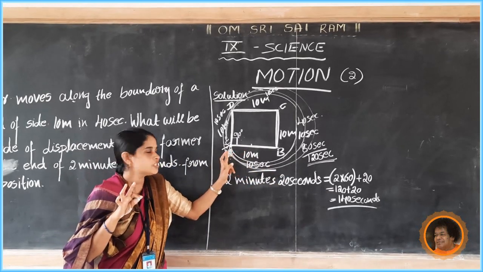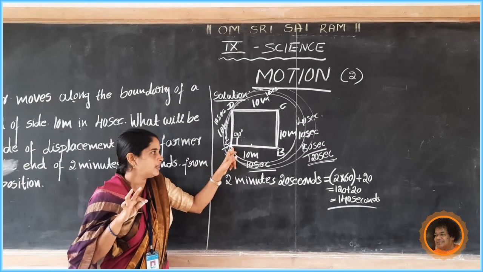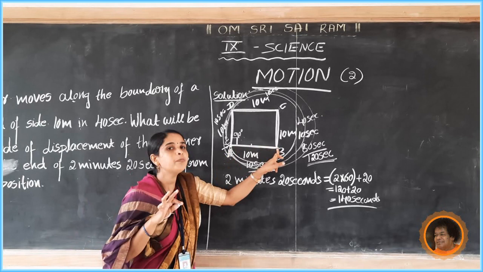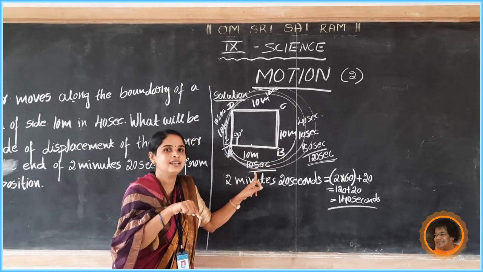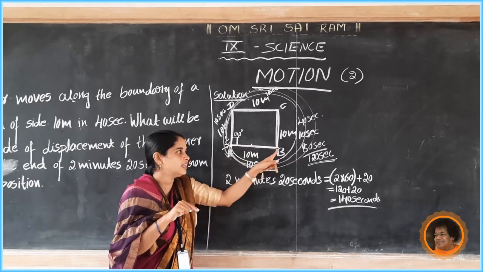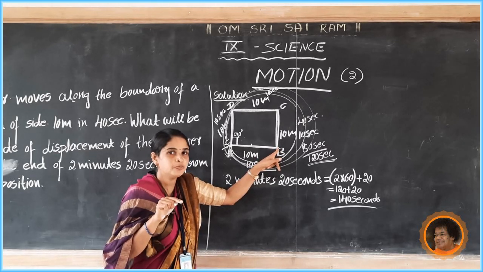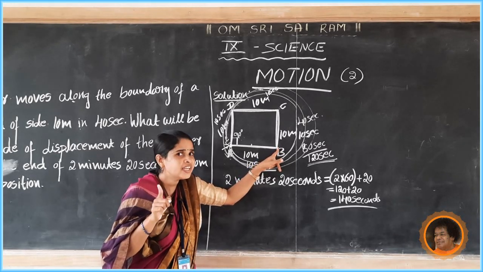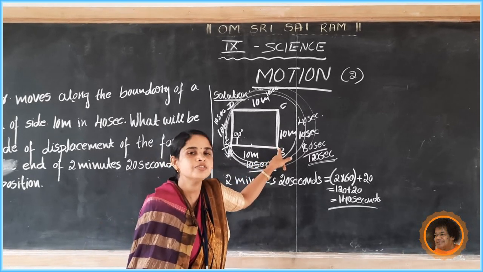Again, he starts from this point A and reaches this point B in 10 seconds. 120 plus 10, 130 seconds. So in 130 seconds, his position is B.